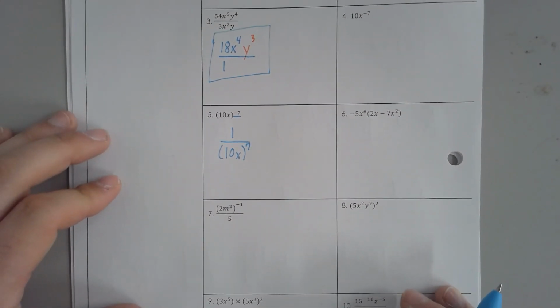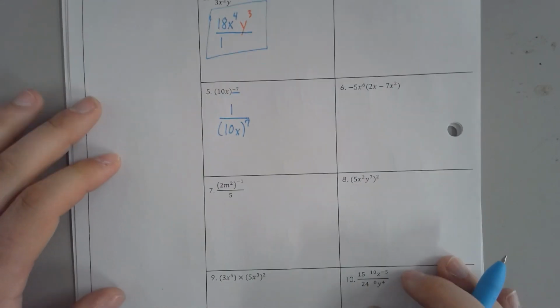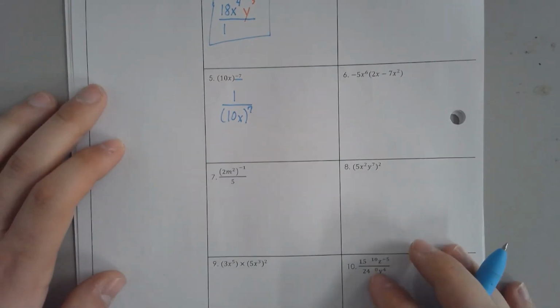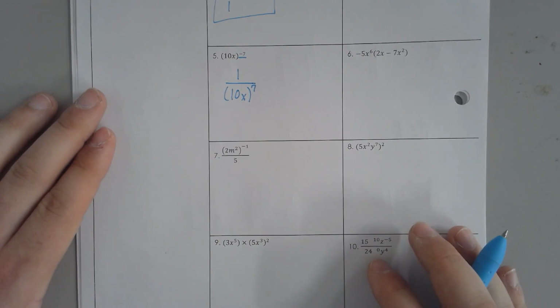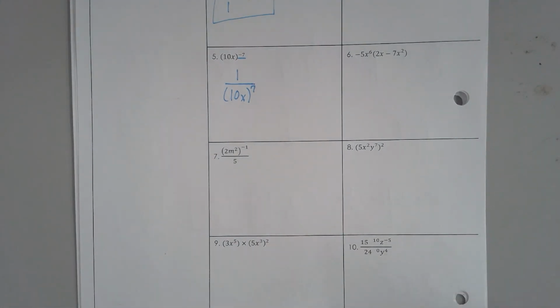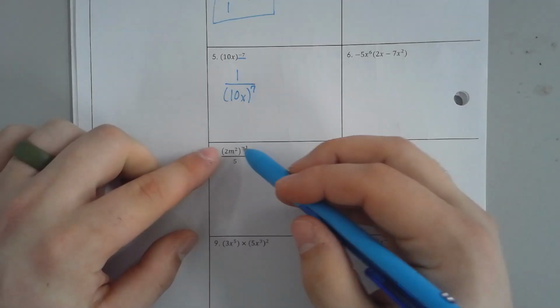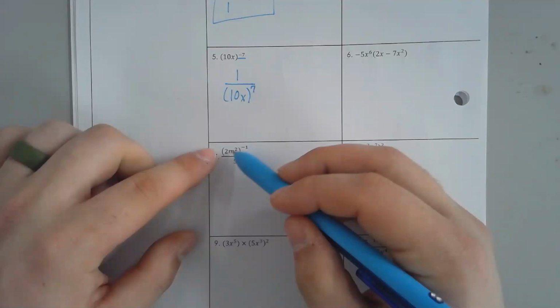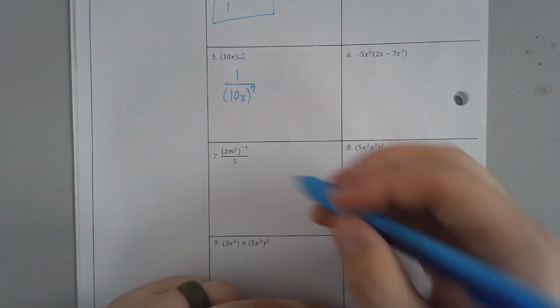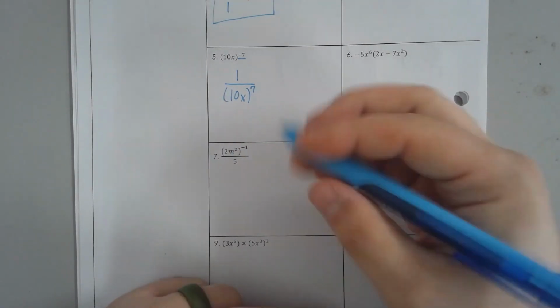Alright, 7's a little trickier. Right, so we're going to have to do the negative exponent property first. So our negative 1 is on the 2m squared. So where's the 2m squared going to go?